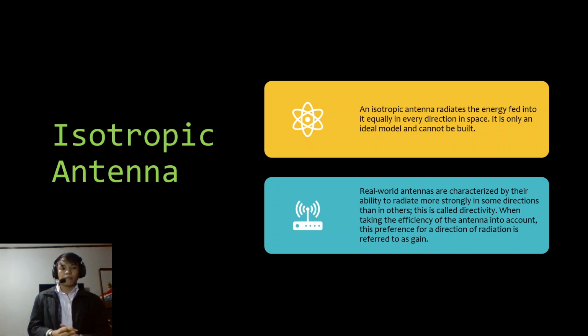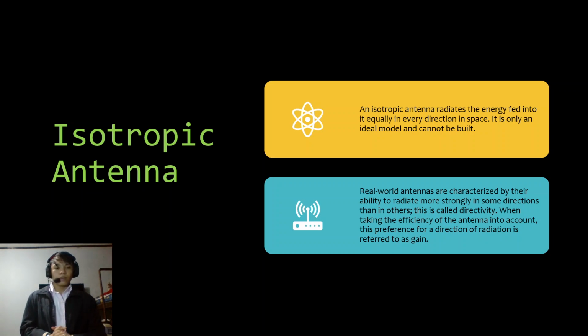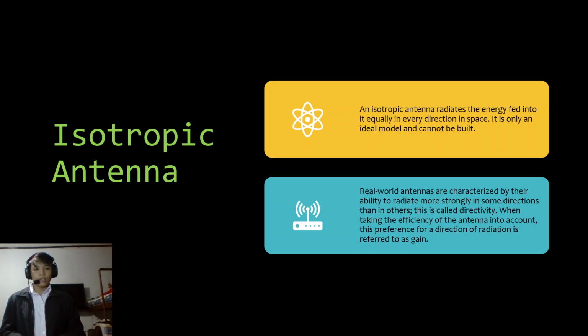Real world antennas are characterized by their ability to radiate more strongly in some directions than in others. This is called directivity. When taking the efficiency of the antenna into account, this preference for a direction of radiation is referred to as gain.